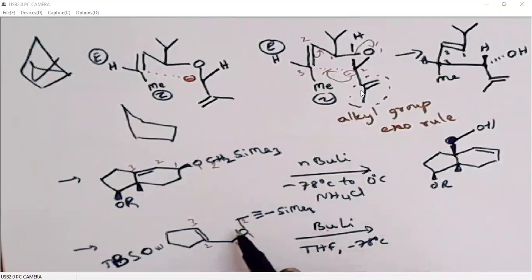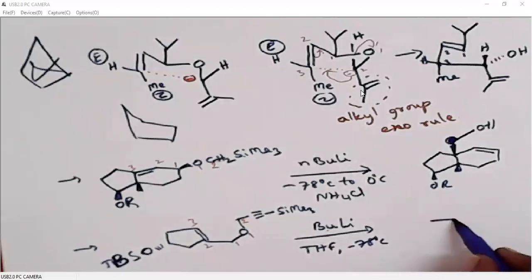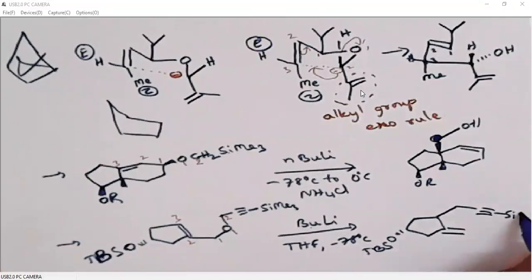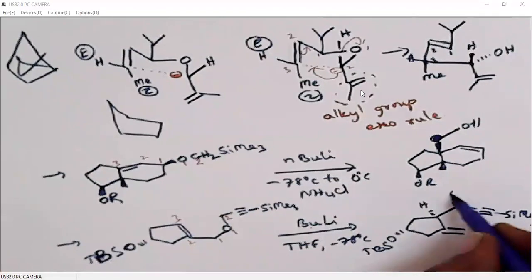This anion will undergo Wittig rearrangement, and the product is here. The stereochemistry is like this.